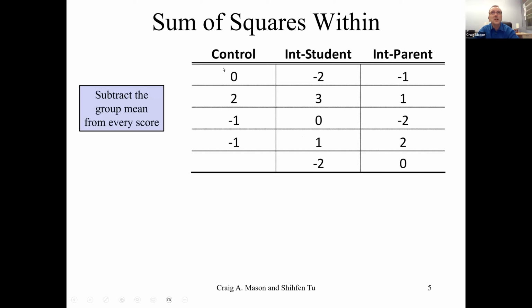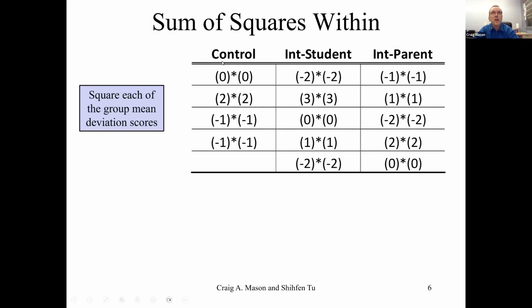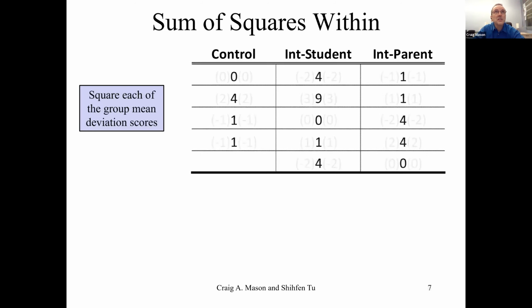They'll all sum to 0. We square each of those to get the squared deviations. So 0, 4, 1, 1, 4, 9, 0, 1, 4. Now these are the squared deviations from each group mean.